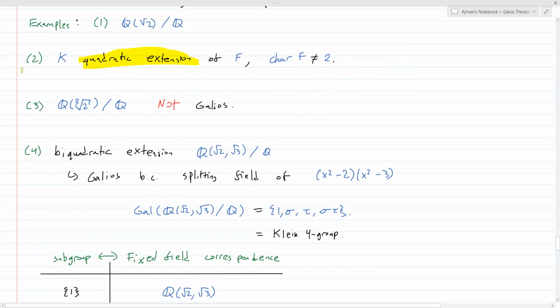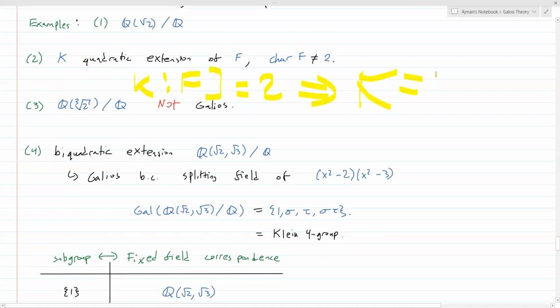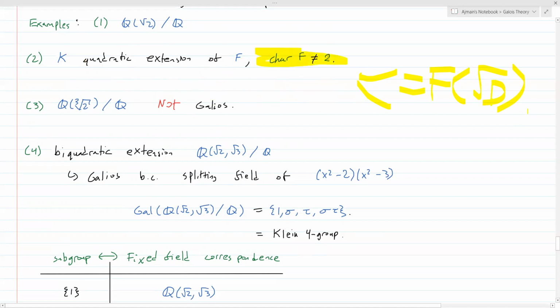But whenever you have a degree 2 extension K over F, you can prove that as long as the characteristic is not equal to 2, that extension is of the form F adjoin square root of D. So try to prove this. It's pretty easy.